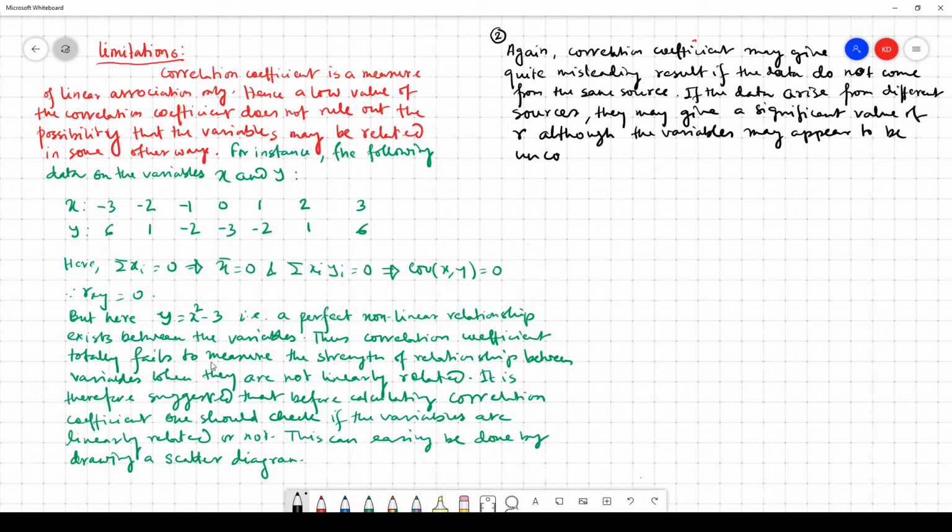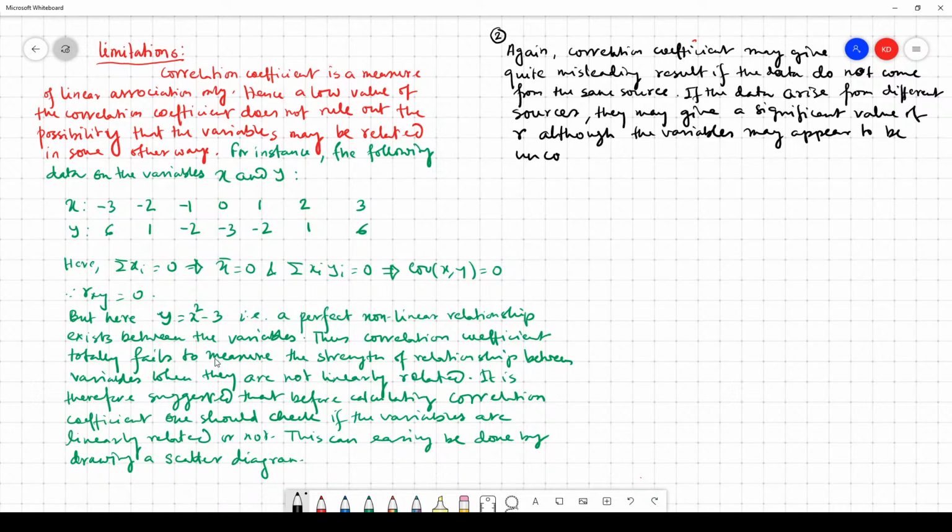The limitation is it can measure only whether there is a linear association or not. That is, if the correlation coefficient is 0, you cannot say that x and y are independent. You can only say that x and y are not linearly related.